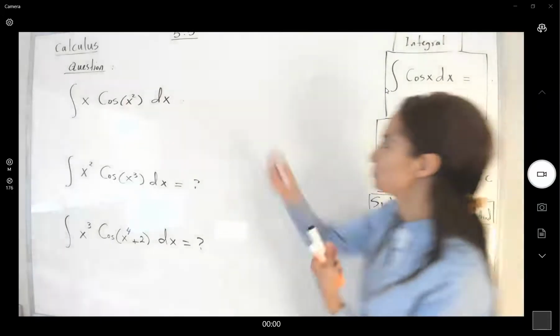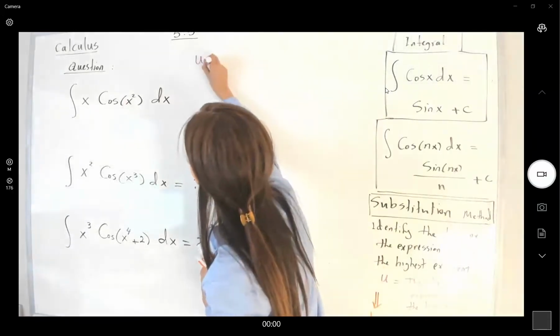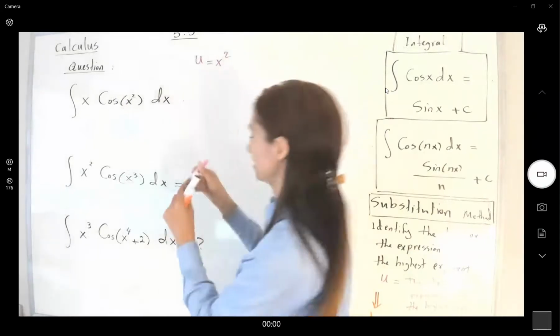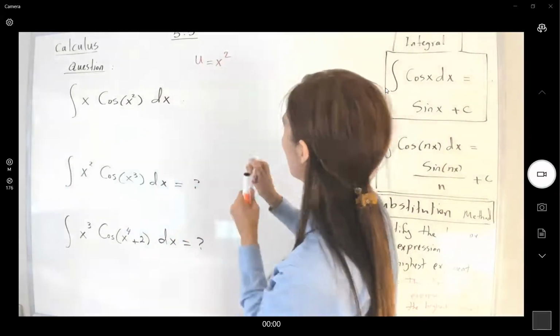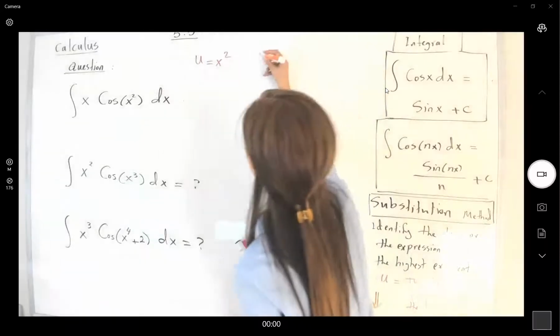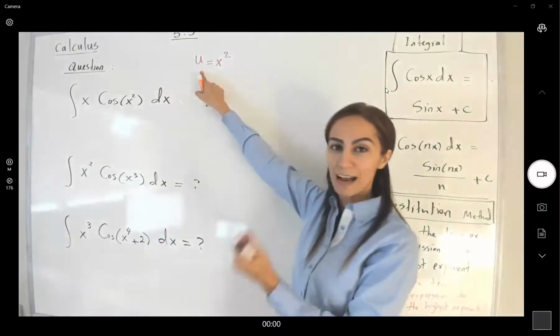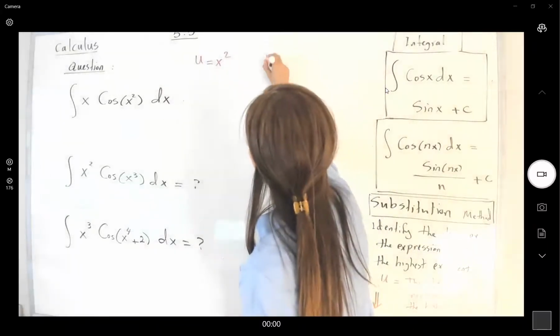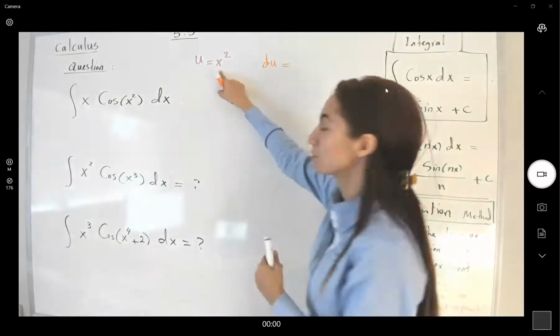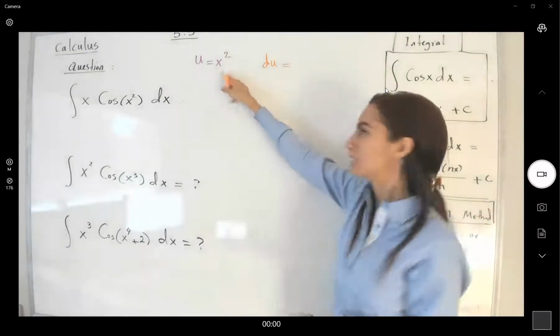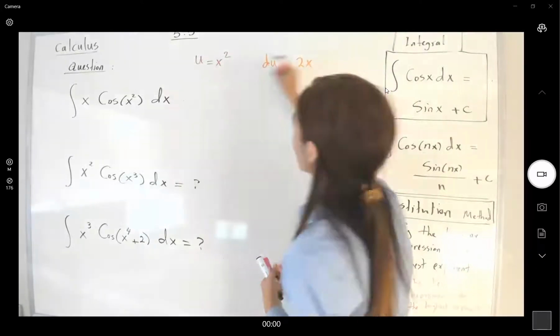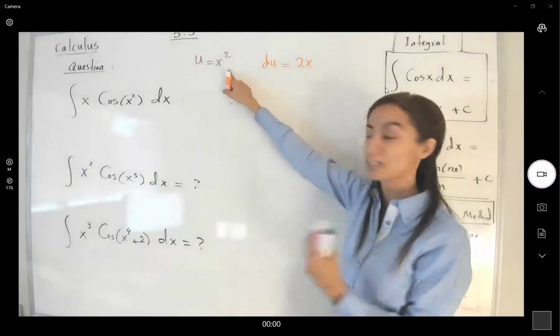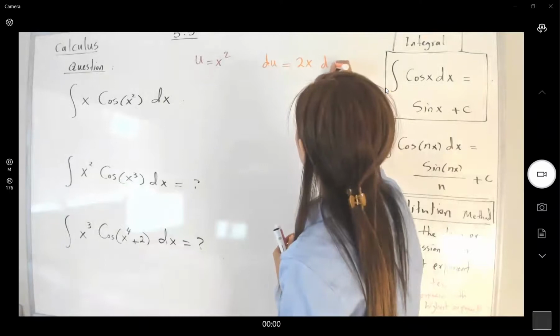This is our u. u is equal to x squared. du is equal to 2x dx. Remember that on the left-hand side, you have variable u, so it is going to be du. On the right-hand side, you have x squared. The derivative of x squared is 2x, but we are taking the derivative with respect to x. So we need dx as well.